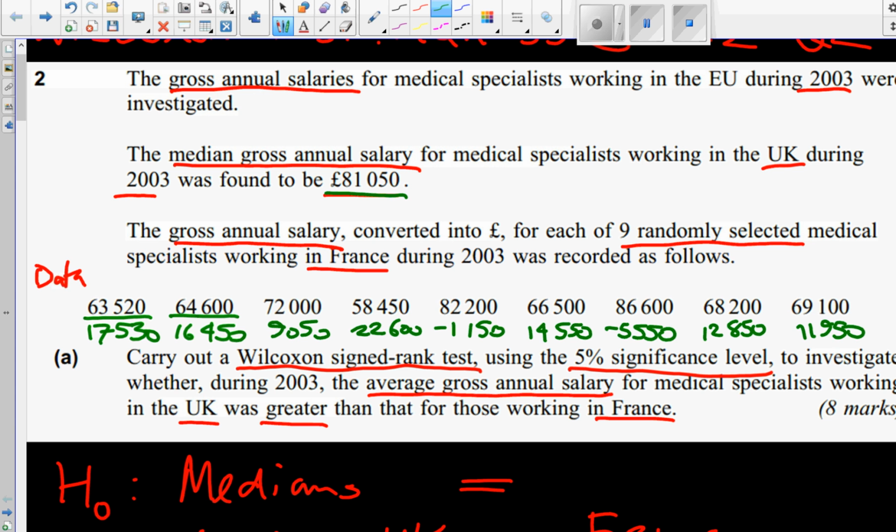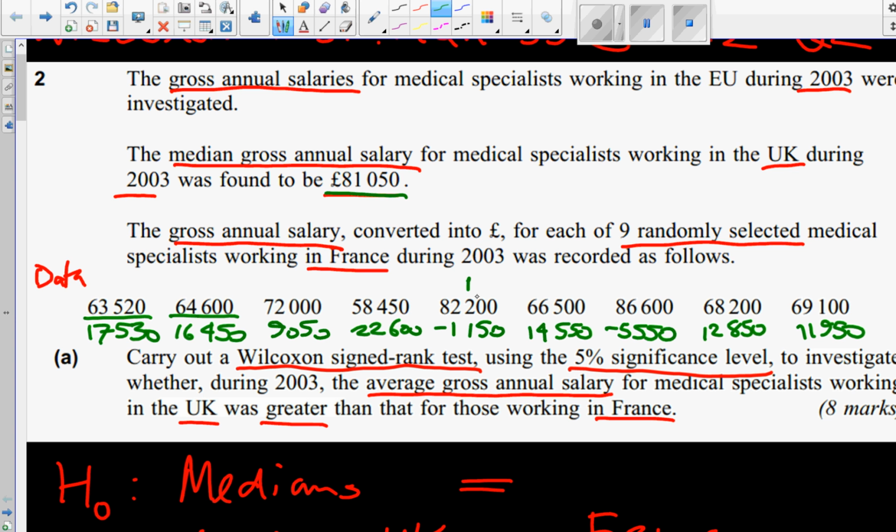So there are our individual differences for each of the specialists, and now we've got to go through and rank them, and we're ranking them for how far away they are from zero, irrespective of their sign. So our first one, number 1, is this one here with -1,150.